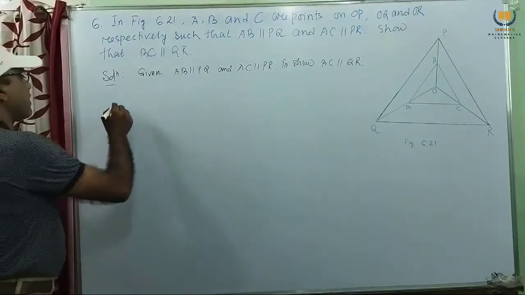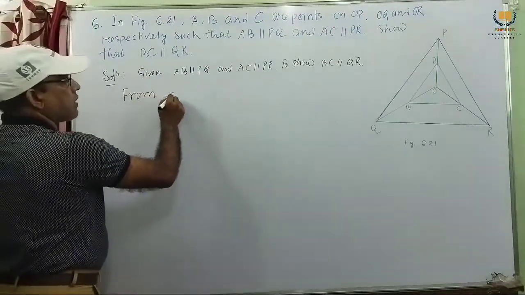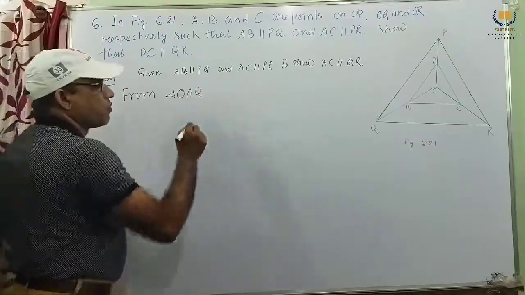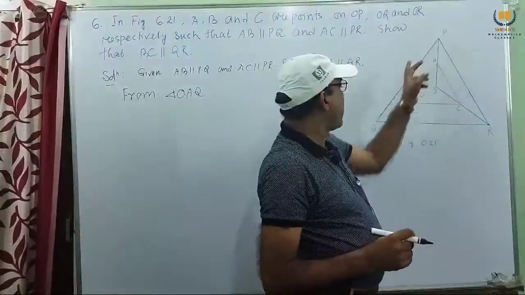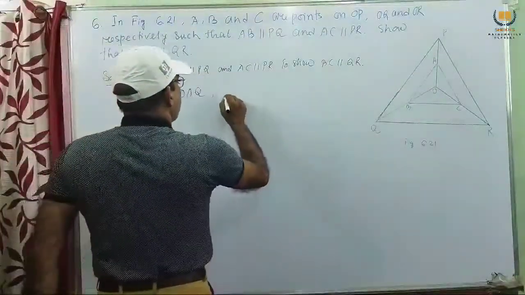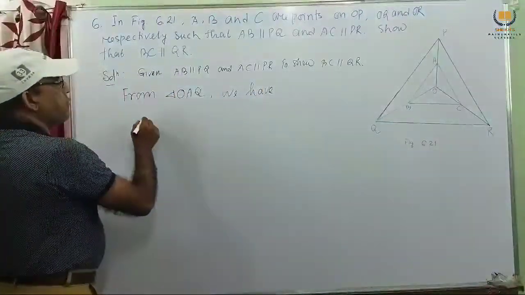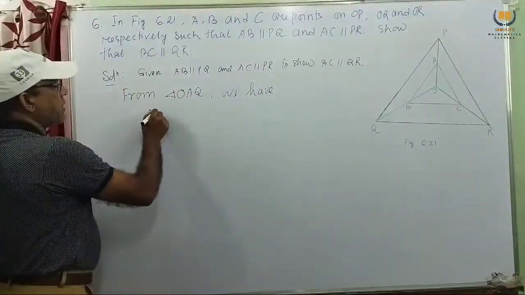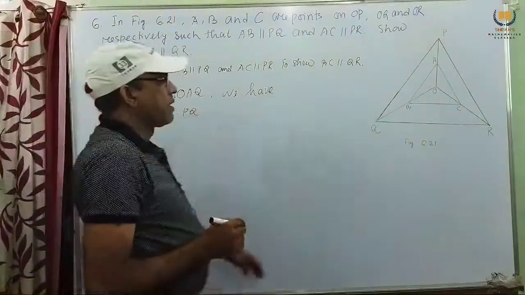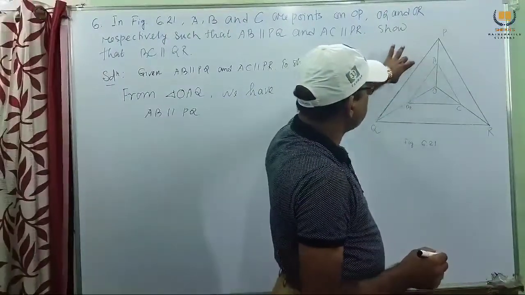So from triangle OPQ, this is the triangle. We have AB parallel PQ, this and this are parallel.